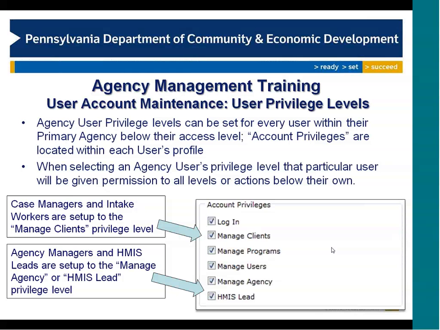Typically within an agency, no matter how big or small it is, we only allow a single agency manager per agency. We want a nice hierarchical structure. There can be a couple of assistant managers, and more as the pyramid goes down, but we really are looking to have a single person be the HMIS manager of that agency.